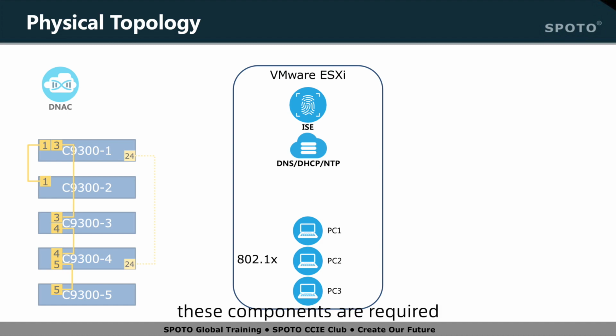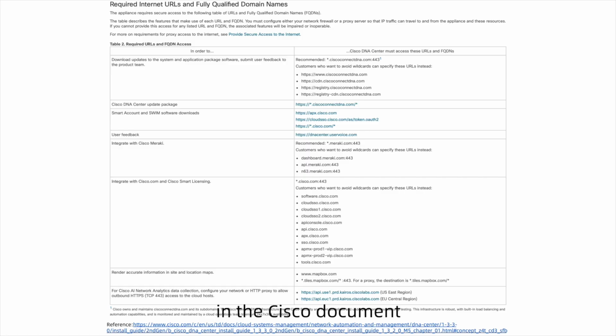These components are required while implementing the DNAC during the installation. In the Cisco document, they are the prerequisites for installing the DNAC. The document tells you what kind of services you must have and what ports need to be opened.